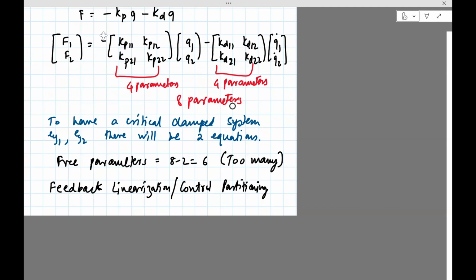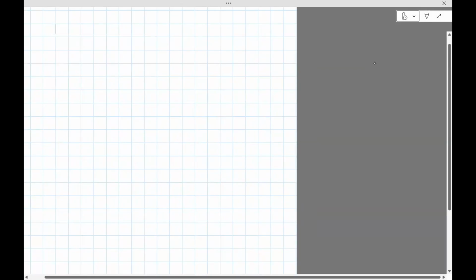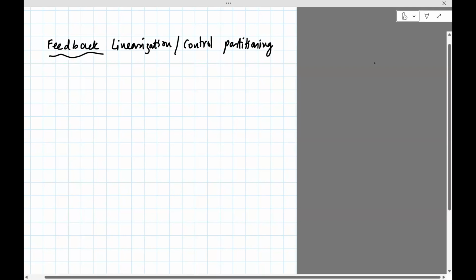Okay, so let's look at what feedback linearization does. Okay, it's a very powerful idea. So next is feedback linearization, or also known as control partitioning.